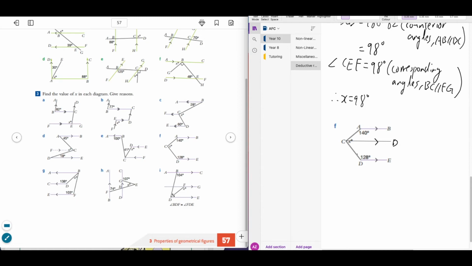Okay, so what you can do is this: you can find out what this angle is using co-interior angles with CAB, and you can find out what this angle is using co-interior angles with CDE, and then you can add these two angles up to get X, right? So let's get started. Once you draw the D in the diagram, you can just say angle ACD is equal to 180 take away 140.